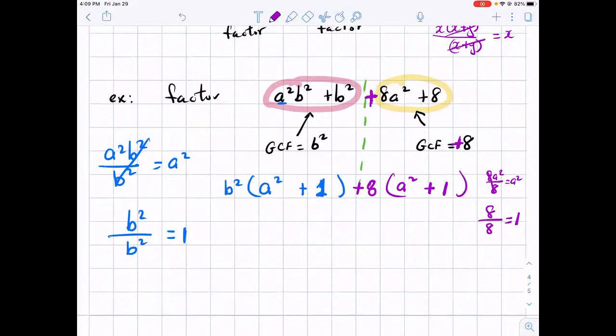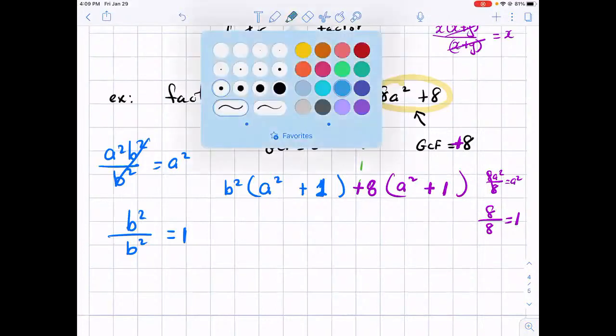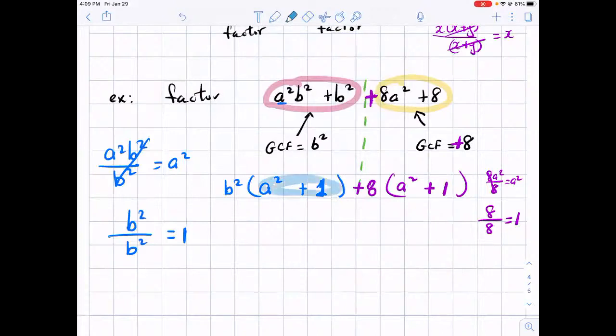Now, look carefully, right? What you will observe is that this parentheses is the same as this parentheses. And that is generally the case when we perform factor by grouping. If it's not the same, go back and check your work, because more than likely you did something wrong.